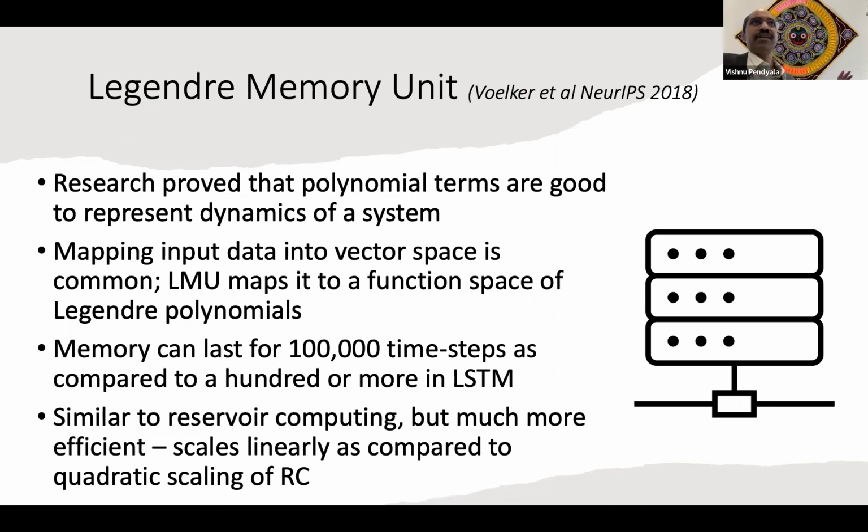A typical neural network, like the LSTM talked about in the last panel discussion, can go up to maybe 512 or at most 2048 time steps. But this can go more than 100,000 time steps. So these are very important for climate and sustainability data, because first of all it is not continuous, it's choppy.